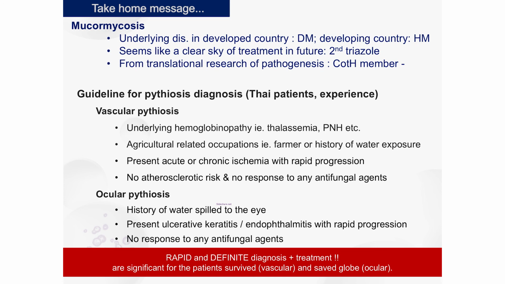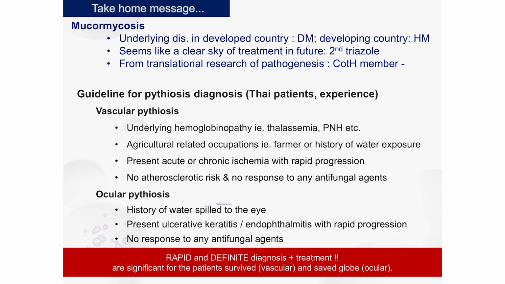It seems like that a clear sky of the treatment in future might be isavuconazole, but it's not coming to the Asia yet. Right? And then from the translational research of the pathogenesis, they got H member, but we don't know when we can have that actually.